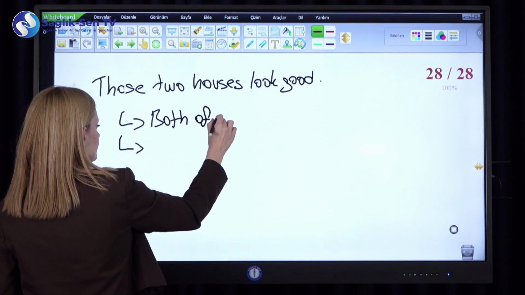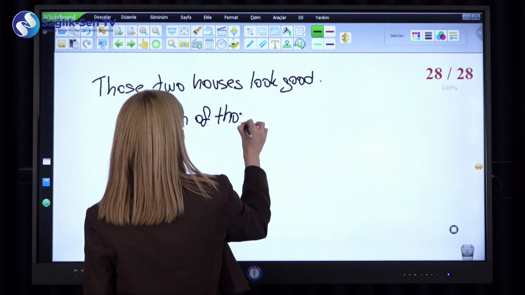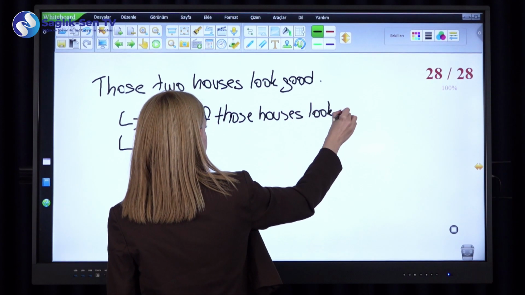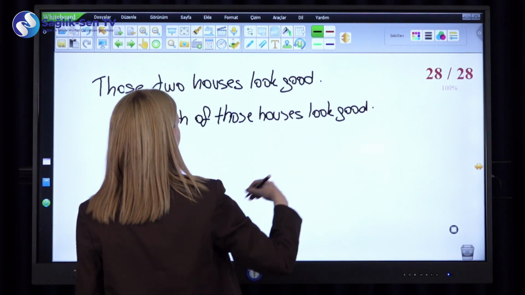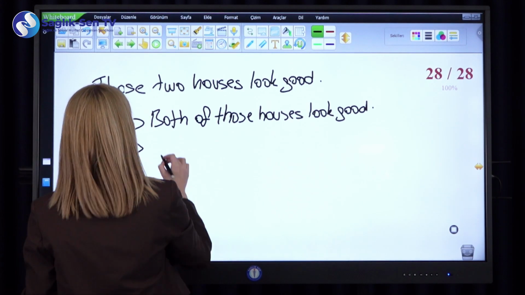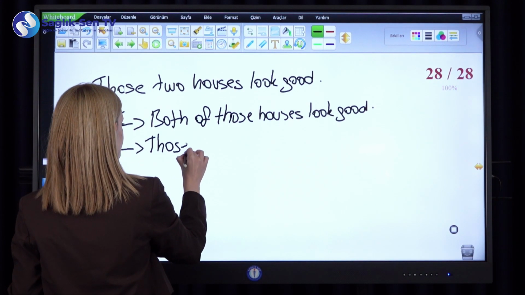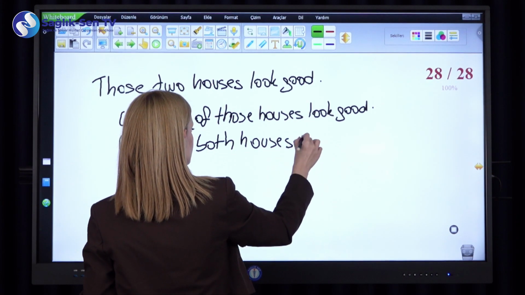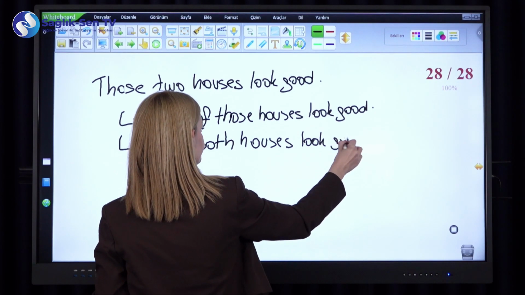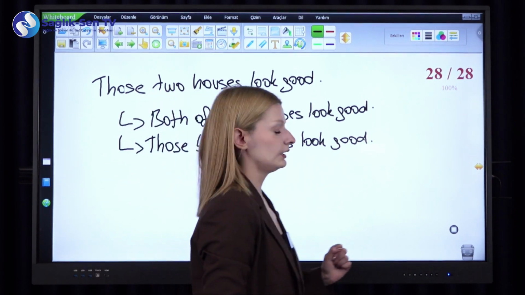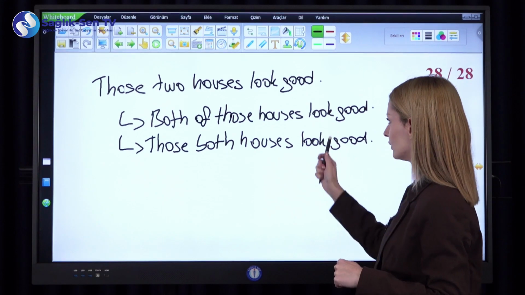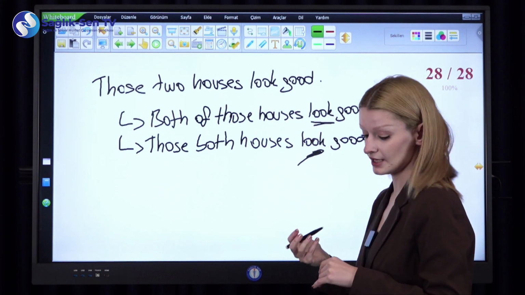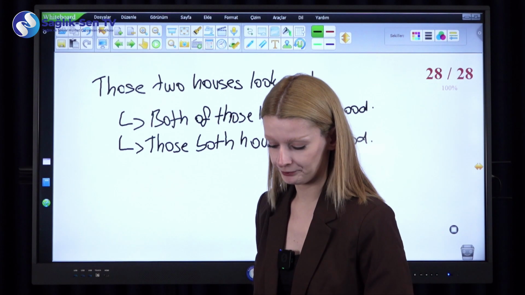I can either say both of those houses look good, or I can say those houses both look good. We use a plural verb because we're talking about two things at the same time.